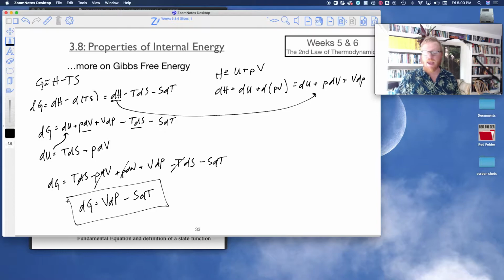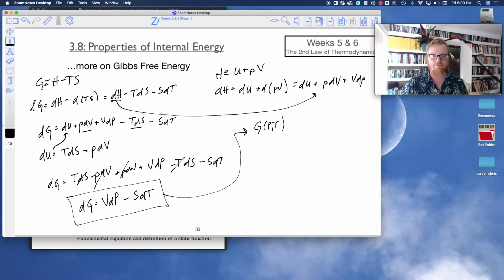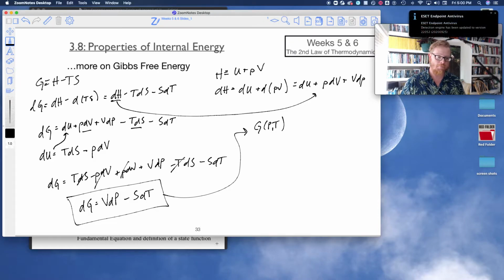Now, we can play the same game we did before. We recognize that G is an exact expression that's a function of P and T. Cool. Great.